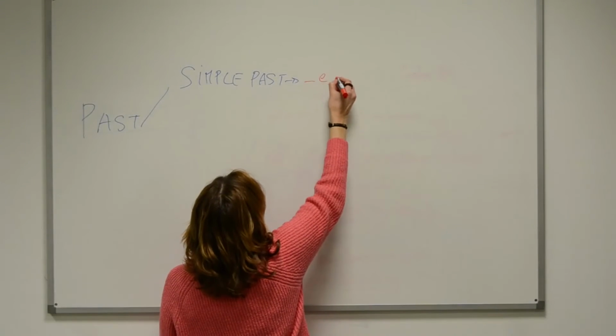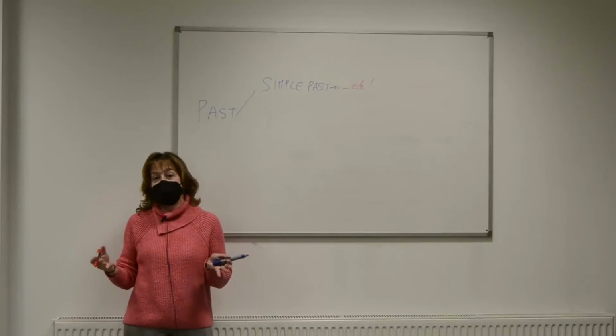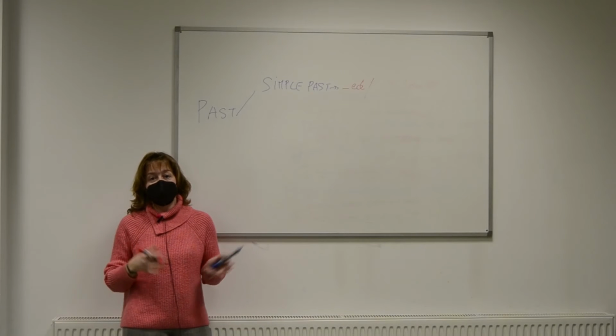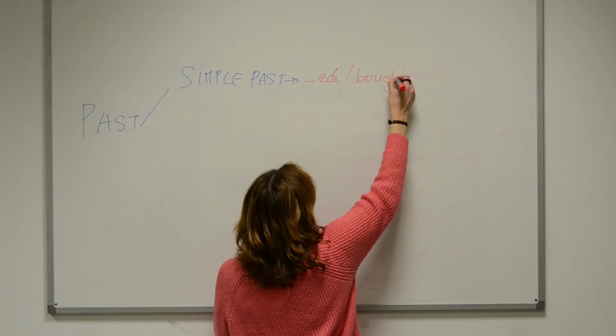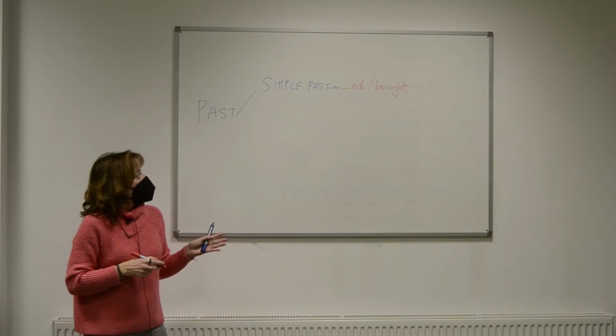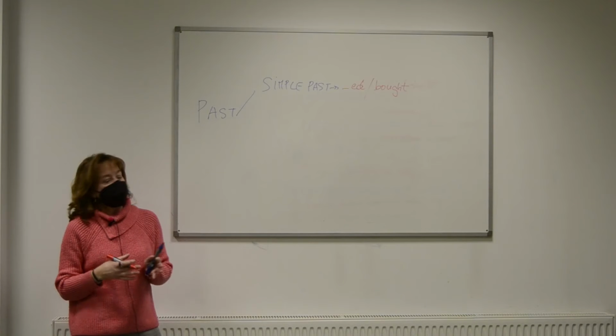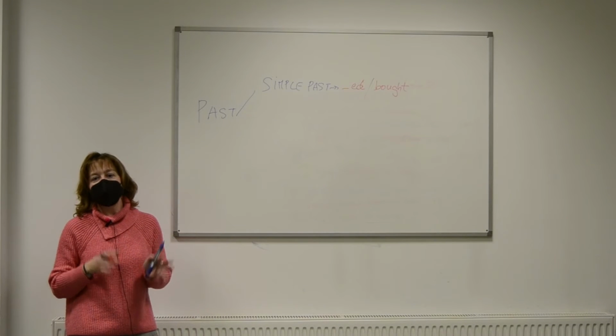With regular verbs we add ed, and with irregular verbs we have to study them separately according to their forms. We have a different form. For example, bought, it's an irregular verb. These verbs change completely in the past. A simple past refers to an action that happens in the past and it's completely finished.